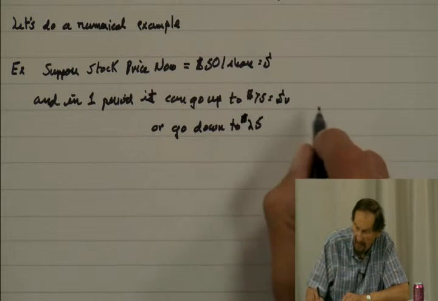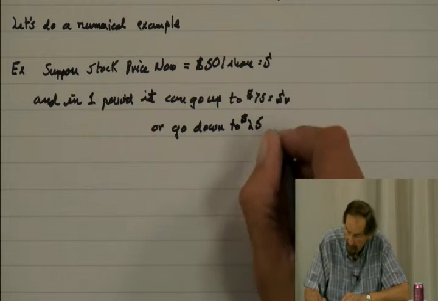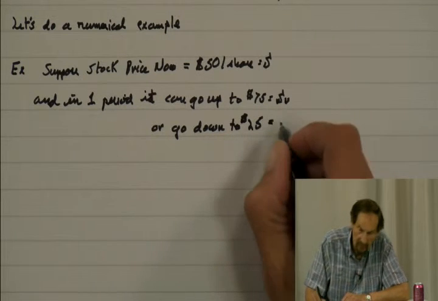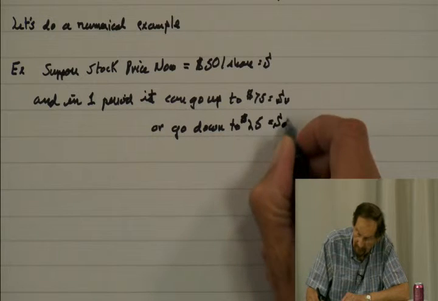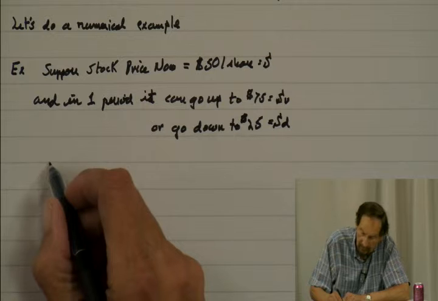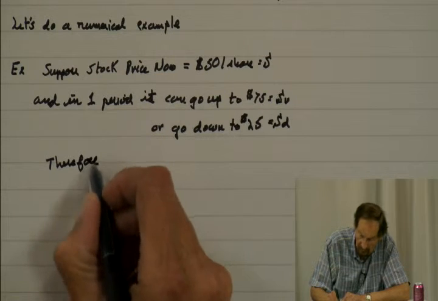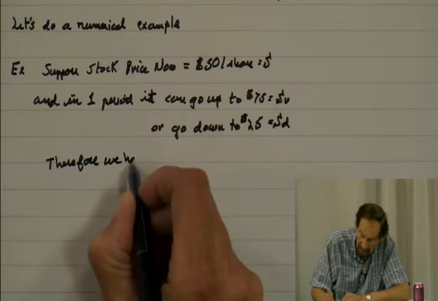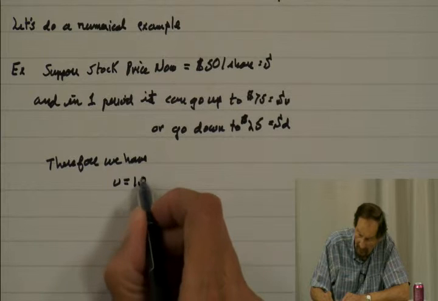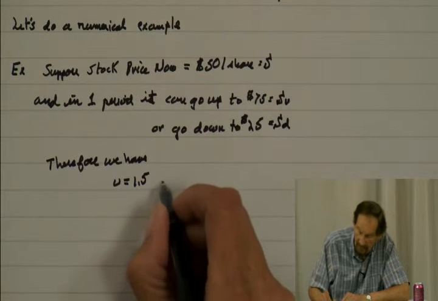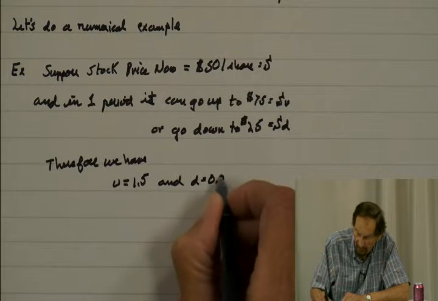So it can drop by a half, and it can go up a half, equals SD, and therefore we have that U equals 1.5 and D equals 0.5.